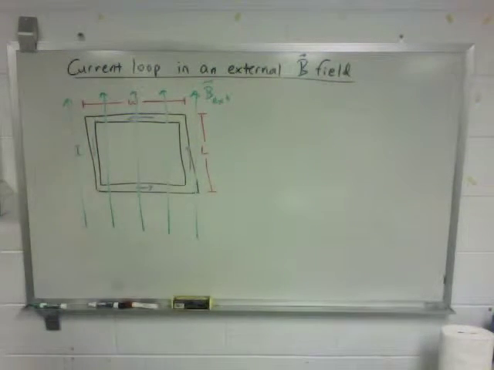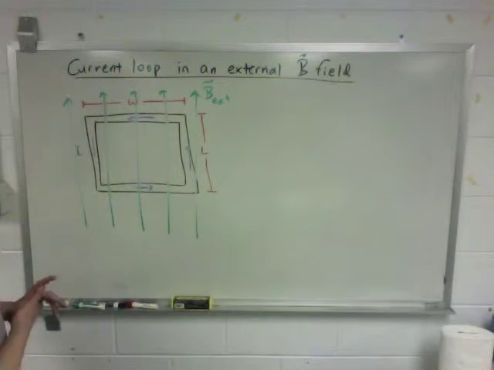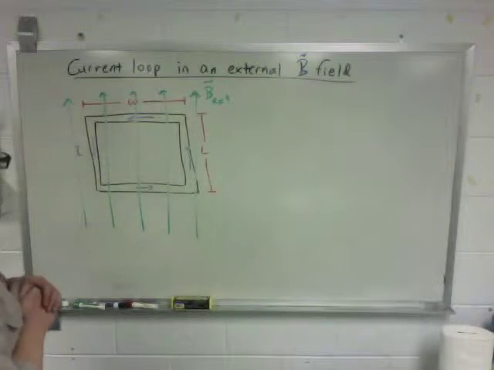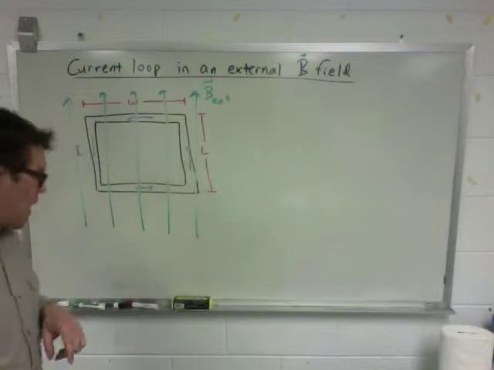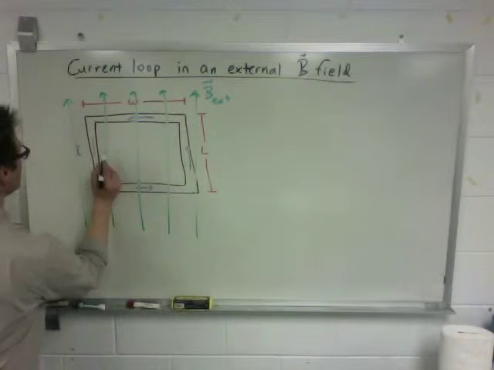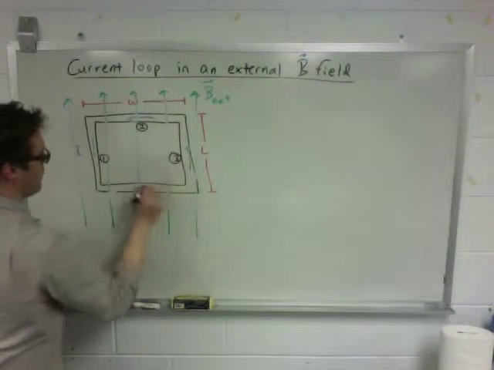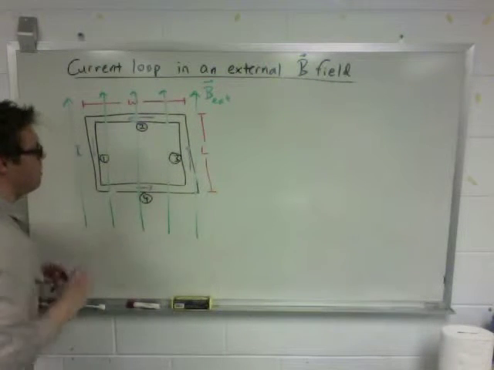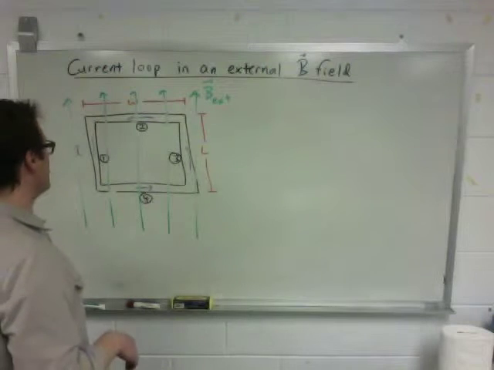Okay, so let's think for a minute about what's going to happen to this loop. And let's try to calculate what's going to happen to this loop. Well, I've got 4 different little wire segments, 4 lengths of wire. Let me label them. I'll call this one 1, 2, 3, and 4. And let's just calculate what's going to happen to each one of those wire segments in turn.